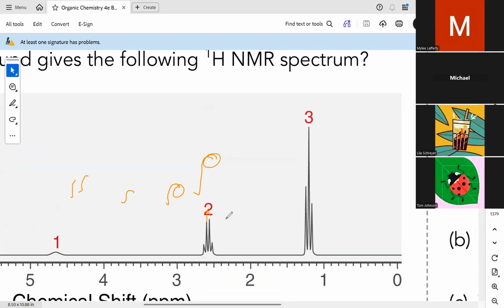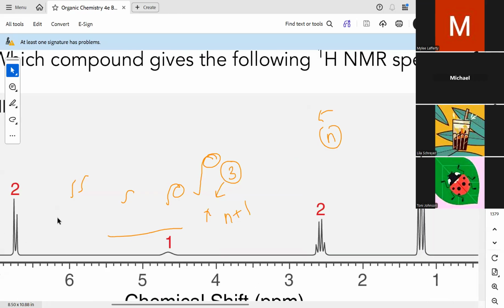So if we went back and looked at our n+1 neighbors, these 2 protons would have 3 neighboring protons. These 3 protons would have 2 because n+1, right? So 2 neighbors. This 1 proton here that integrates all by its lonesome, maybe at 4.6 or so, would have no neighbors because that's a singlet.